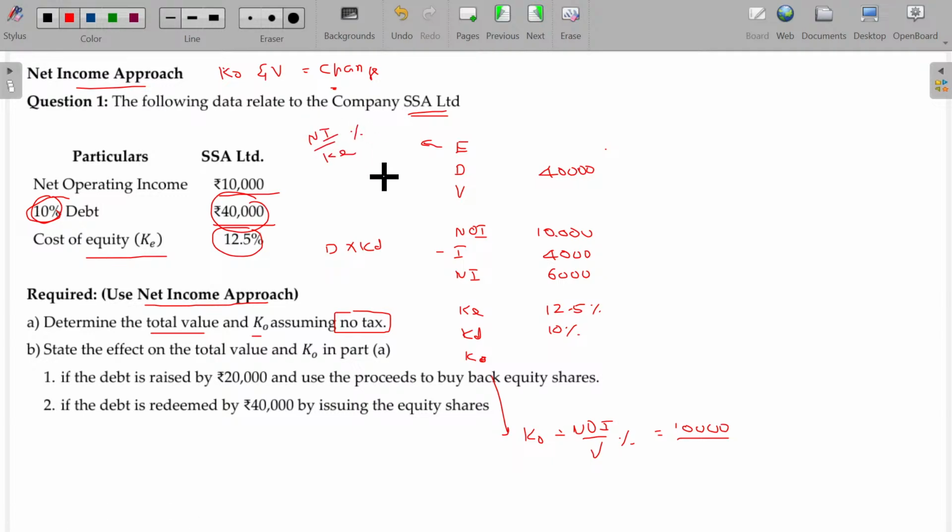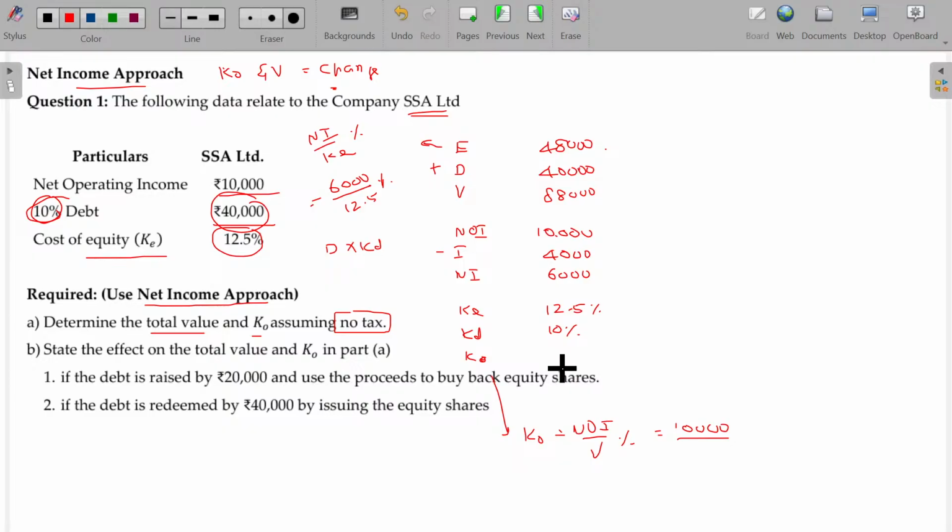Do I have these two details? Whatever the available details, you fit that first. Here I have been given KE as well as NI, NI being 6,000, KE being 12.5 percentage. That gives 48,000. As you know the equity being 48,000, you can calculate the value also easily. By summation of these two, the value will be 88,000.